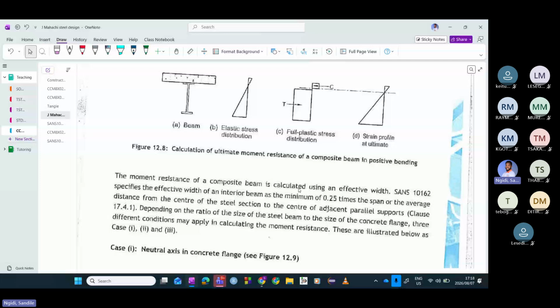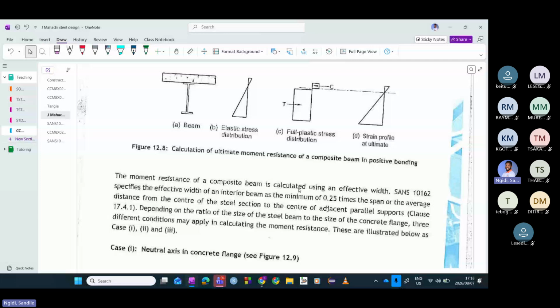I like how it's stated from the code book. If you go through the code book, it says the flanges or cover slabs standing on both sides of the steel section shall be deemed to have a design effective width B equal to the lesser of 0.25 times the composite beam span, or the average distance from the center of the steel section, truss or joist to the centers of adjacent parallel supports.